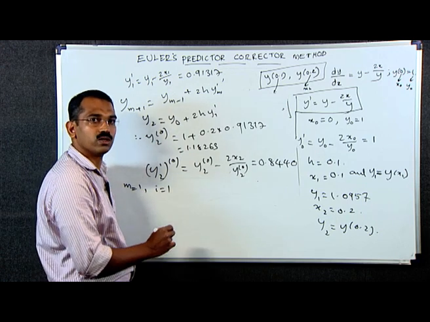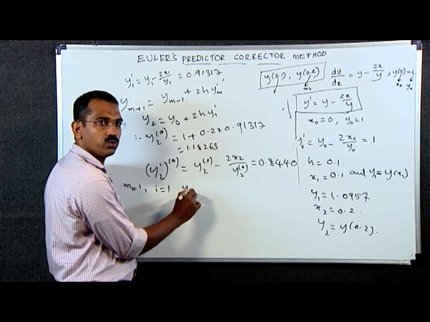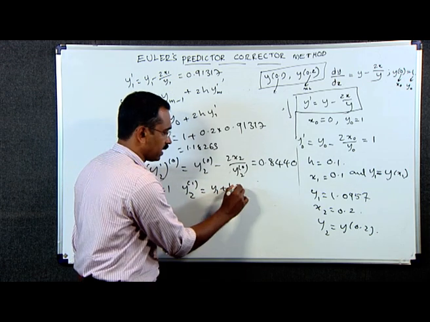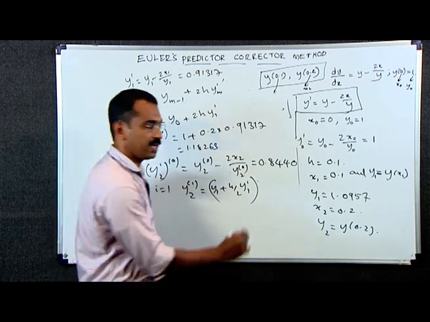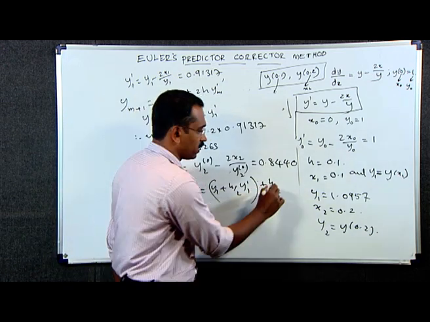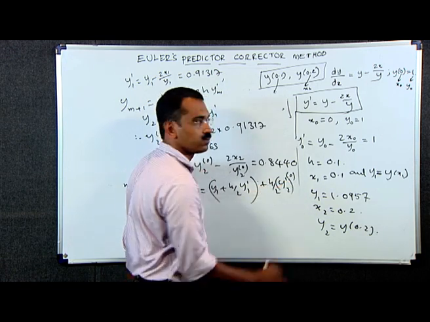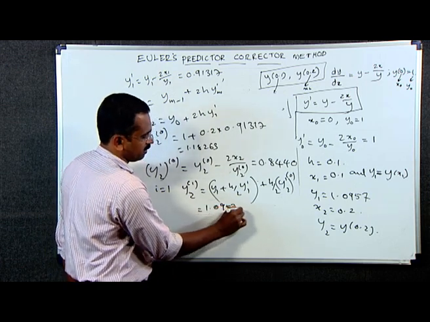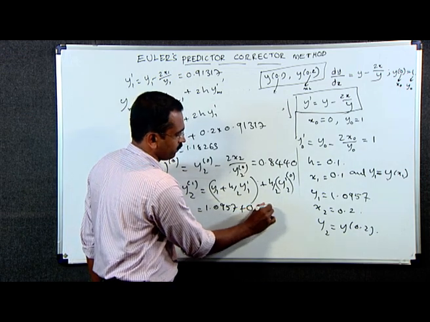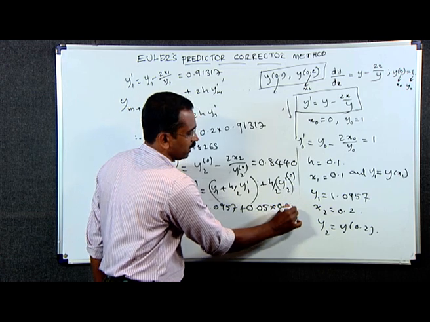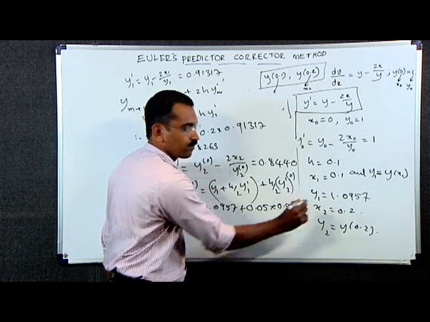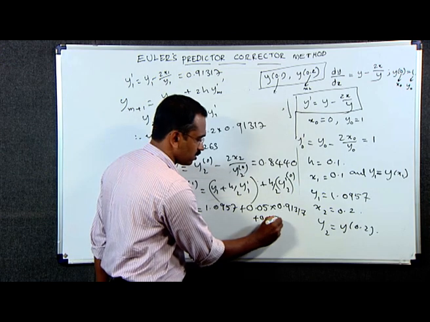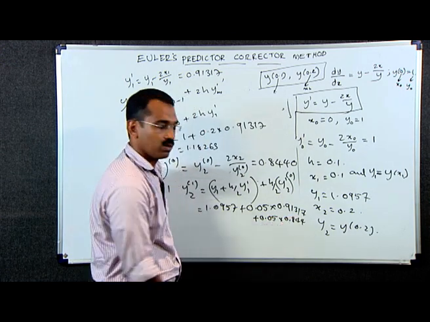Now, taking m is equal to 1 and i is equal to 1, we have y2 1 is equal to y1 plus h by 2 into y1 dash plus h by 2 into y2 dash 0, which is equal to 1.0957 plus 0.05 into 0.91317 plus 0.05 into 0.84440.